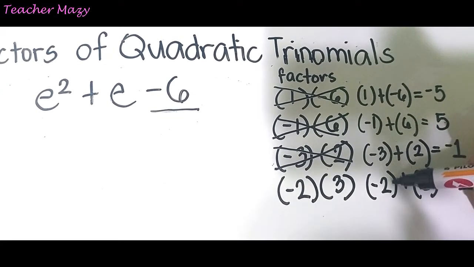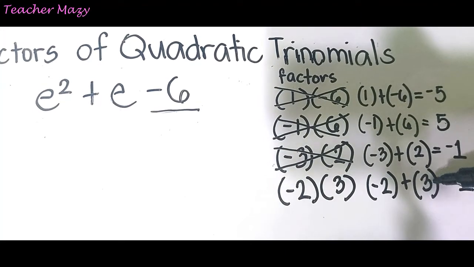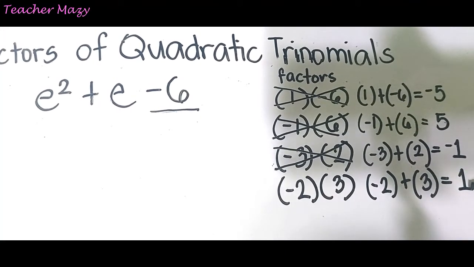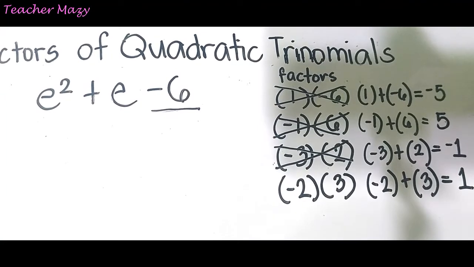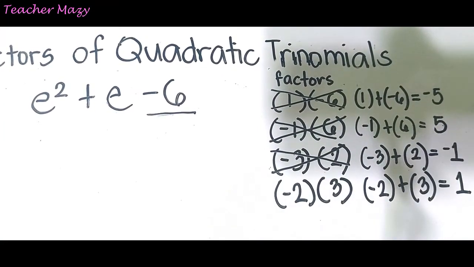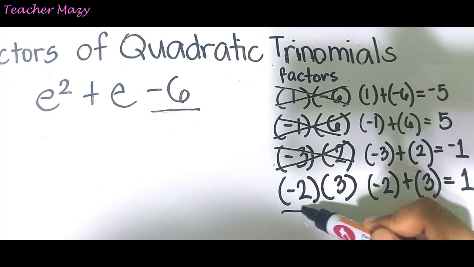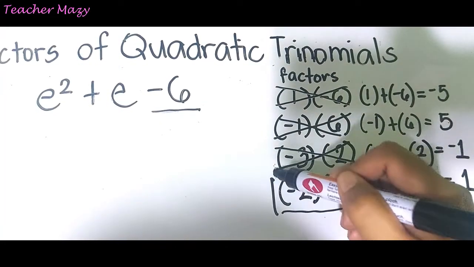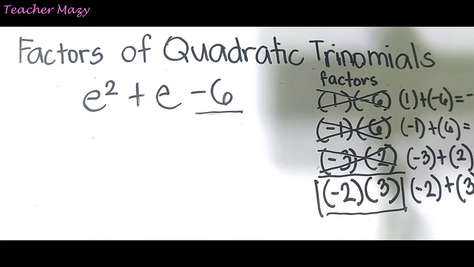If we add two integers with different signs, we actually subtract them, and then we use the sign of the integer with the bigger value. So we have negative 2 and 3, and this is the factors that we will use. Let's go back here.